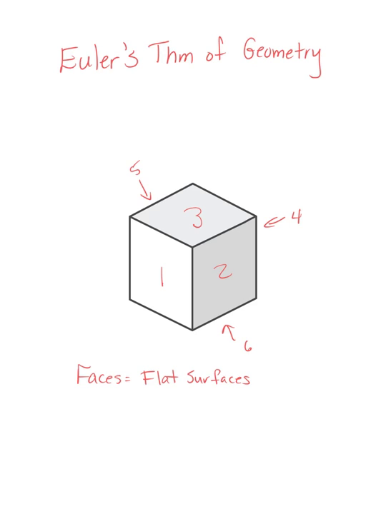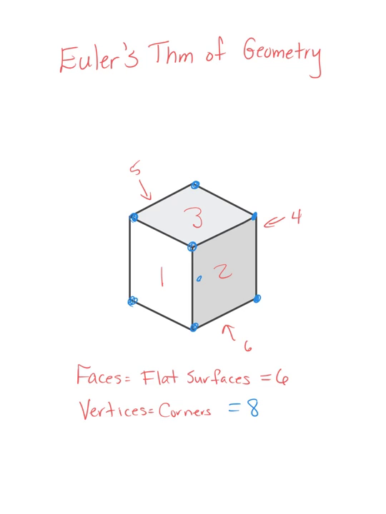So this cube has 6 flat surfaces. So for its faces or flat surfaces, we have 6. The vertices are really just the corners. So in this case, let's make them in blue. We have 1, 2, 3, 4, 5, 6, 7, and then I've got one back here that you can't see. That would be 8. So I have 8 vertices.